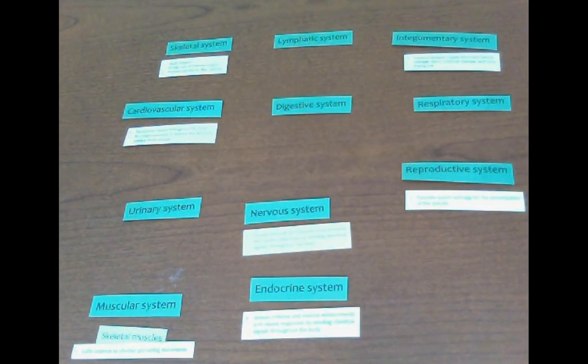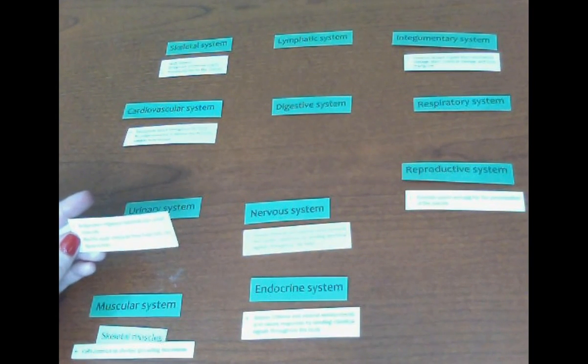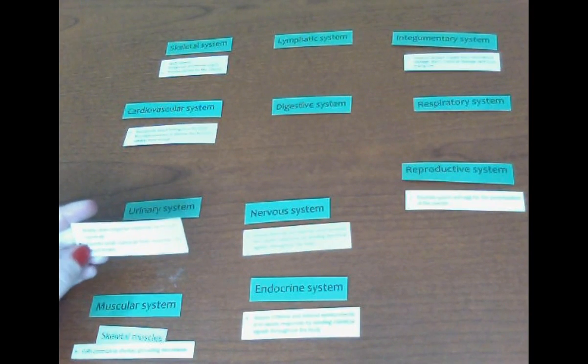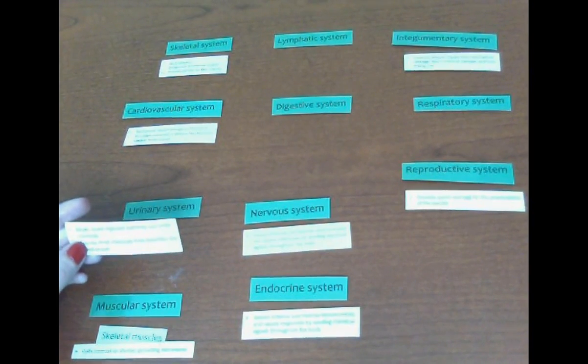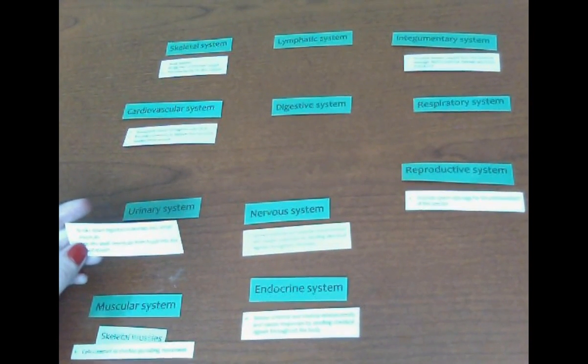Here's another one. It says breaks down ingested materials into small chemicals. So you can ask yourself, well, what's an ingested material? Something you ingest, something you either drink or eat. And so that goes into the digestive system.